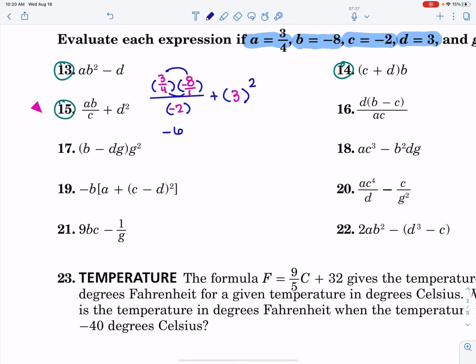So our numerator on that one is -6 divided by -2. Plus 3 squared, which is 9. Negative divided by a negative is a positive, so we've got 3 plus 9. And that simplifies to 12.